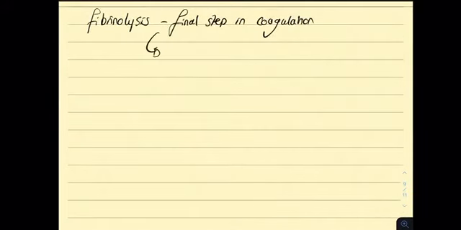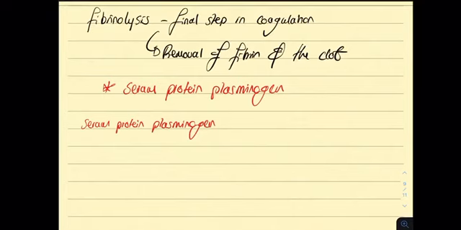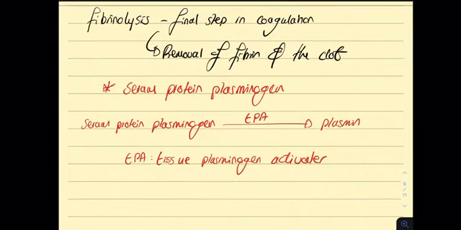We mentioned that activated protein C also induces fibrinolysis. So fibrinolysis is the final step of coagulation. Its function is to remove the fibrin clot when it's no longer needed. Fibrinolysis starts with serum protein plasminogen. This is converted to plasmin by tissue plasminogen activator, or TPA.